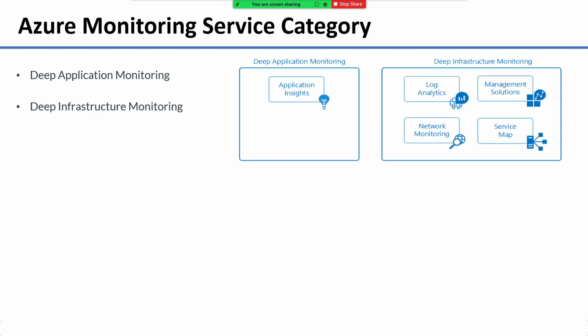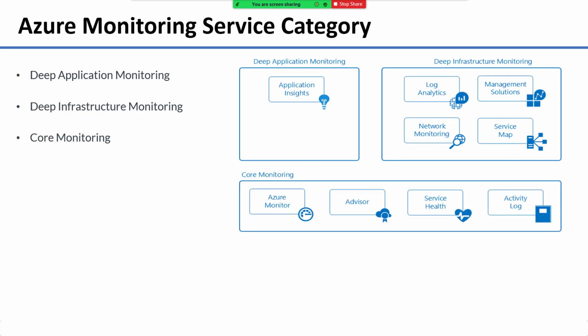If you would like to monitor your infrastructure, we have Log Analytics, management solutions, network monitoring, service map, etc. This will give you deep infrastructure monitoring of your Azure resources. Core monitoring means the part that can be leveraged by various other services in Azure Monitor. So we have Azure Monitor, Azure Advisor, Service Health, and Activity Log.